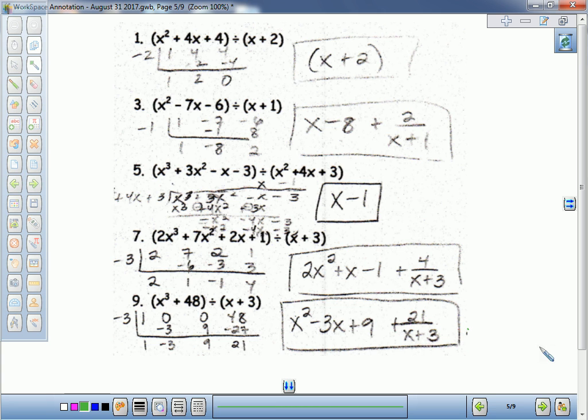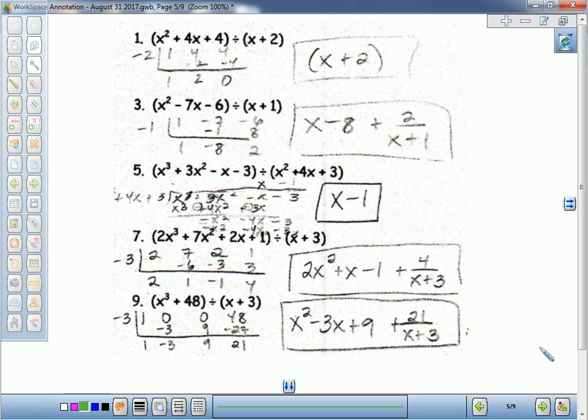Okay, so whenever we do synthetic division and we are missing terms, anytime we are missing degrees, you have to put in the placeholder for that. So like in number 9, we have an x cubed, we do not have an x squared, we do not have an x, and then we have a number.